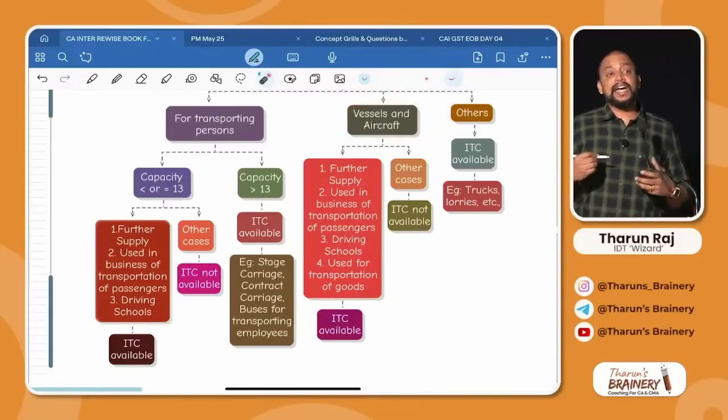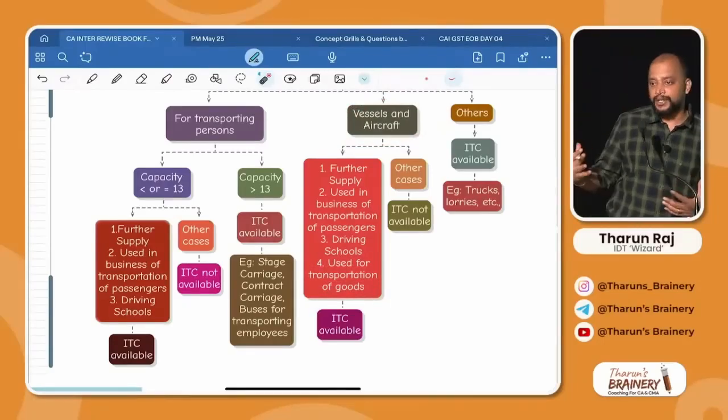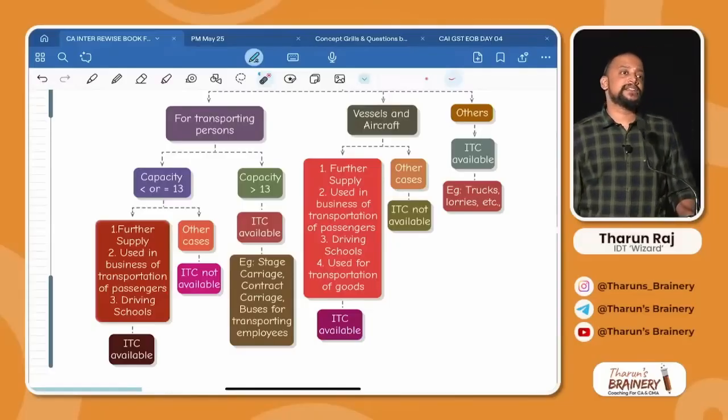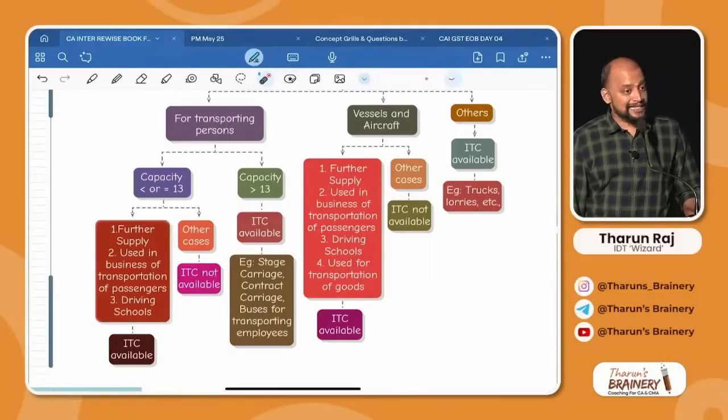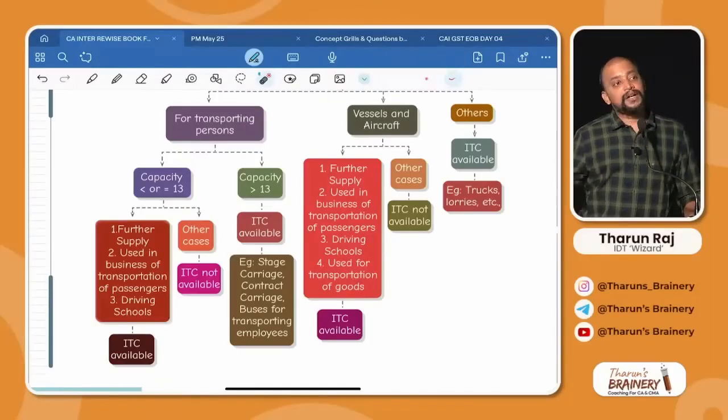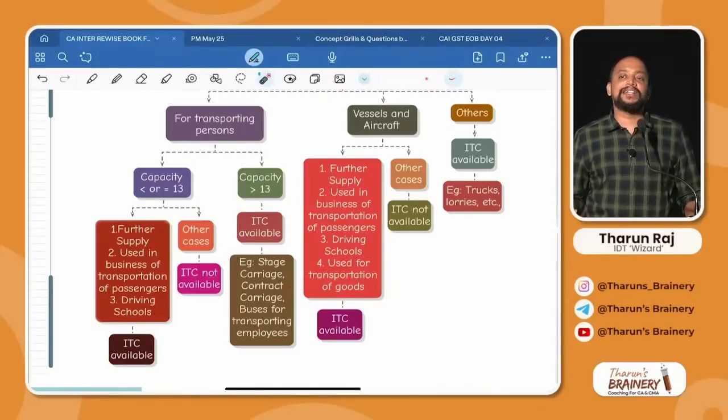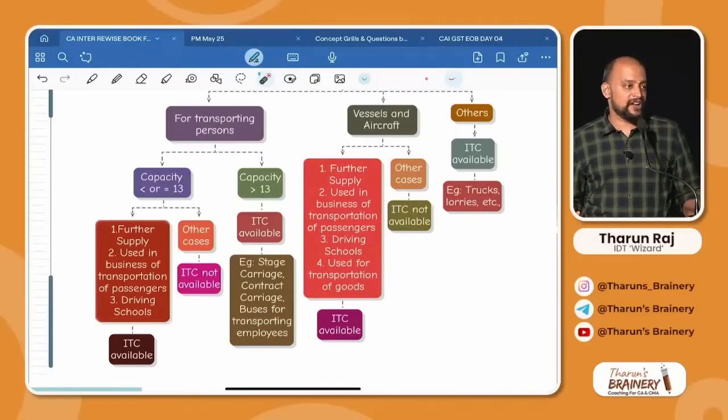There is a diamond merchant who purchases an aircraft for transporting diamonds from one location to another. Can he take ITC on the aircraft purchase? Yes. Even though they are not in the business of transportation of goods, they are using that aircraft for transportation of goods. So definitely they can take ITC with respect to the aircraft purchase.